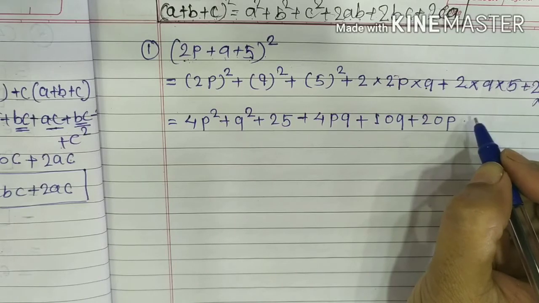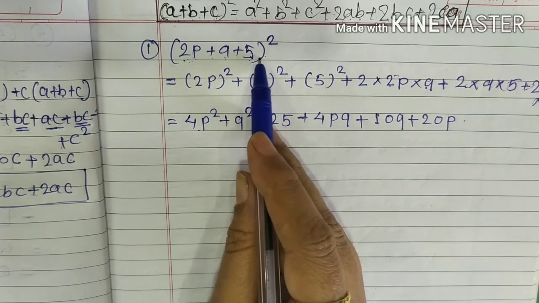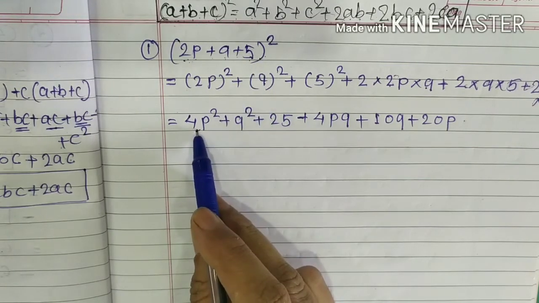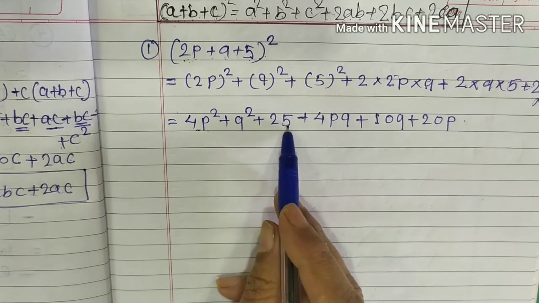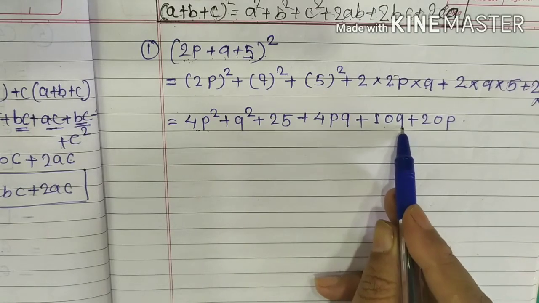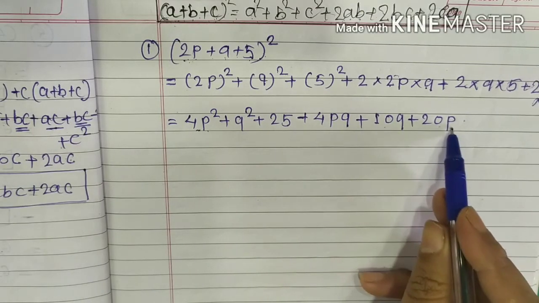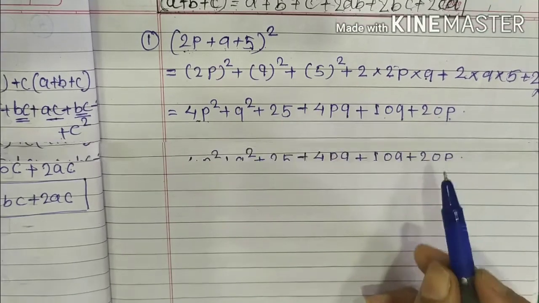So see the expansion of the given example: 4p square plus q square plus 25 plus 4pq plus 10q plus 20p. This is our answer.